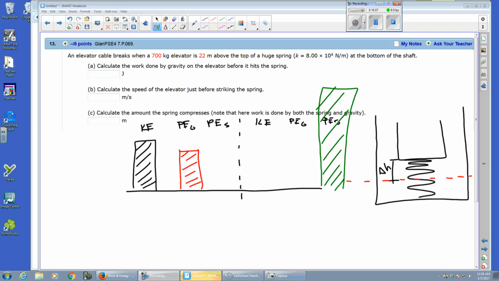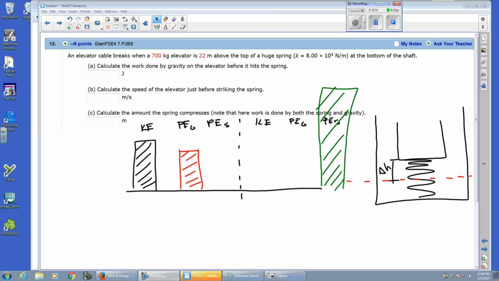A lot of people will say, oh, they have the speed, so I must have kinetic energy at the top of the spring, and that's going to be converted to potential energy in the spring as they change the position of the spring. That's not right, because they forget about that red column, gravitational energy, also having to go in there.